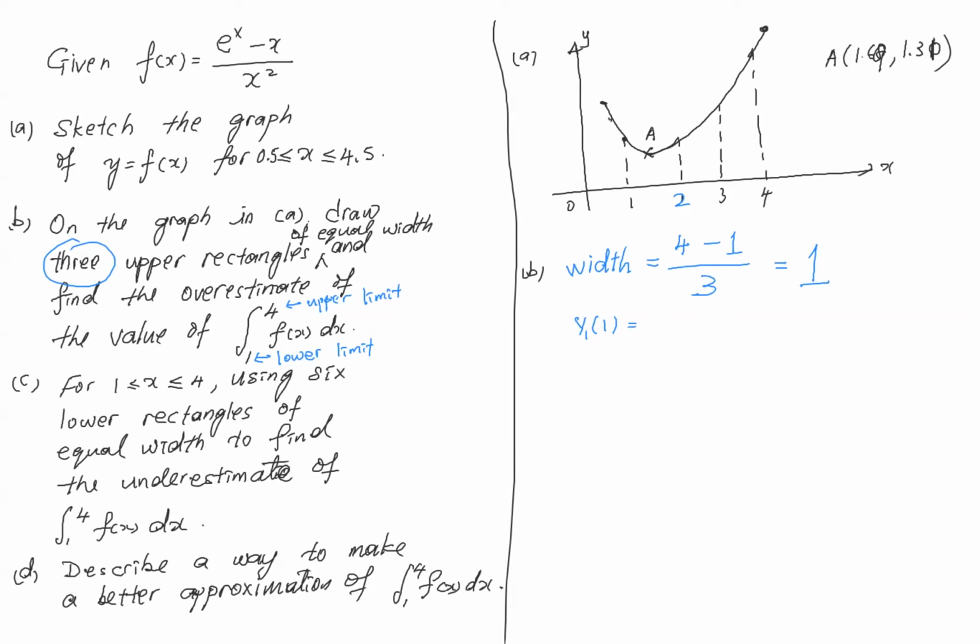Am I right? So I draw my first upper rectangle. I use red here, but in exam, please don't use red. So this is the height. So I draw across. So this is my first upper rectangle. I purposely make a mark here. That means I'm going to use the height as Y11.